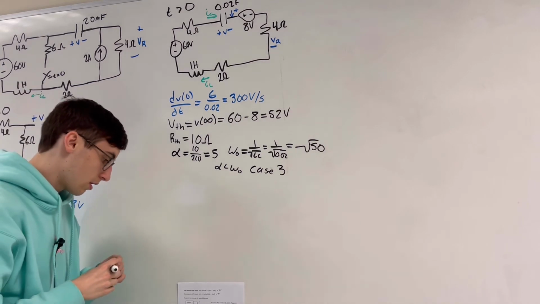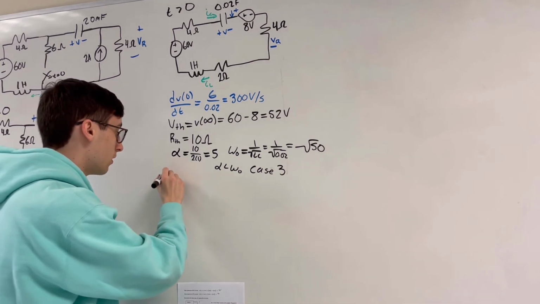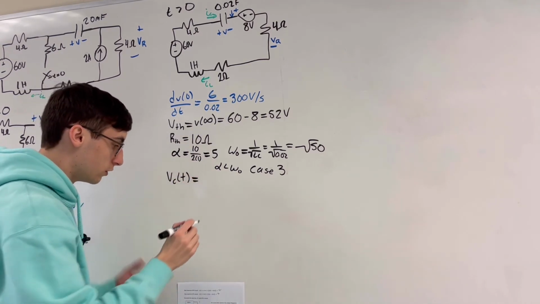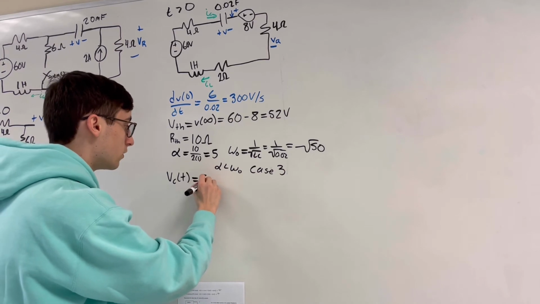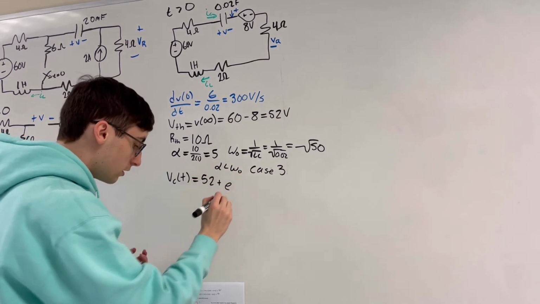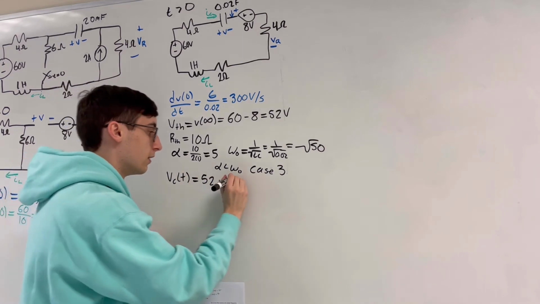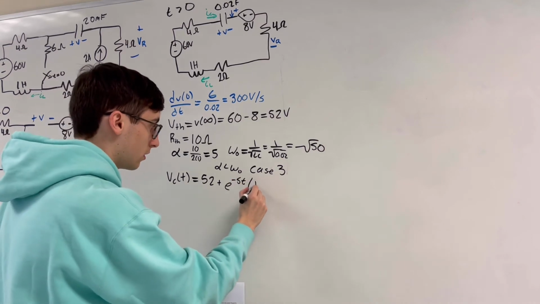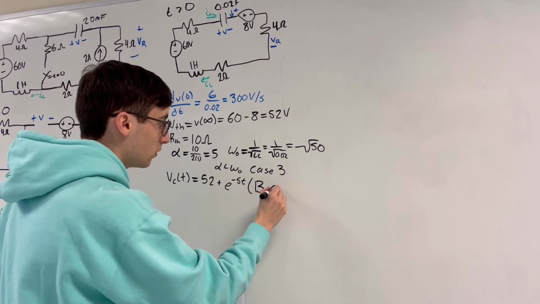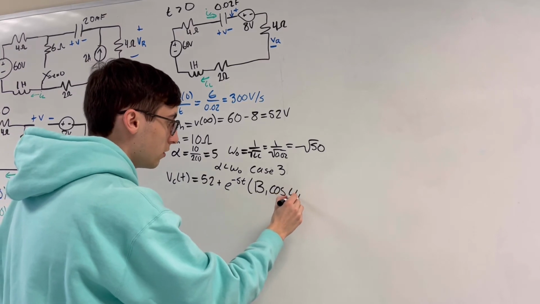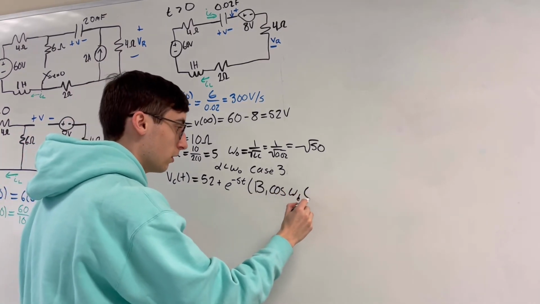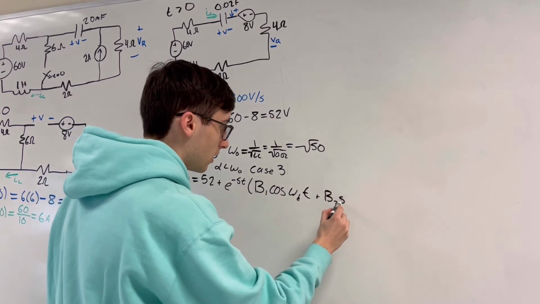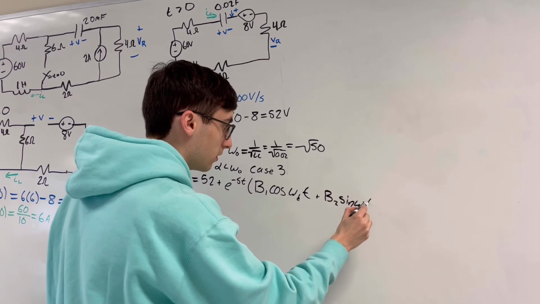Now case 3, our general equation is going to be Vc of t, or the voltage of the capacitor, is going to be equal to V infinity, which is 52, plus e to the negative alpha, which is negative 5, t, times b1 cosine omega d t, which we haven't solved for yet, but it's pretty simple to solve for, plus b2 sine omega d t.